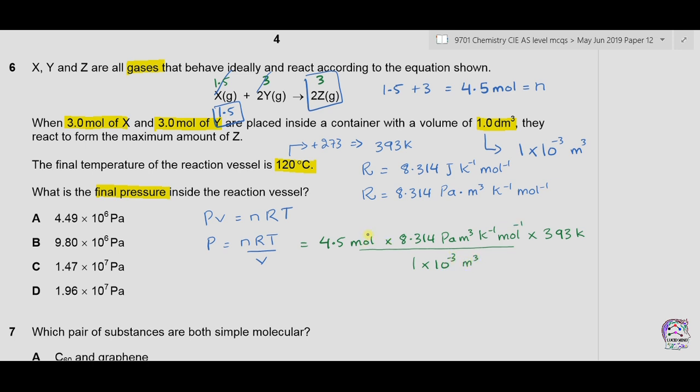Now just cancelling out the units, we have mole, Kelvin, Kelvin, meter cube with meter cube. So only pascals is left. Now the pressure comes out to be 1.47 exponential 7 pascals. So therefore correct option is C.